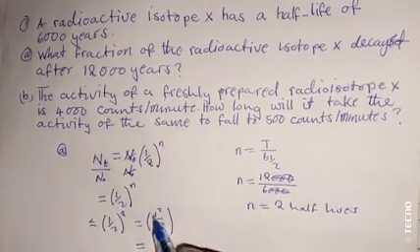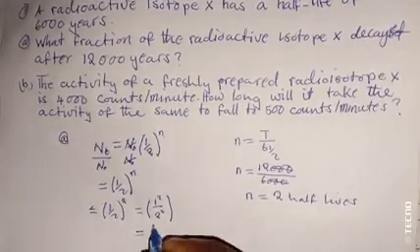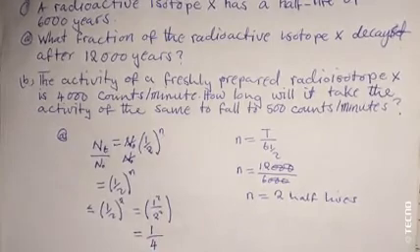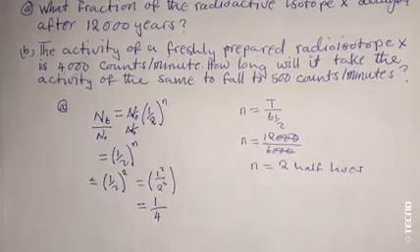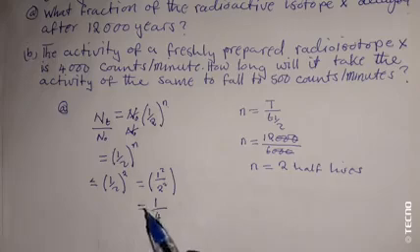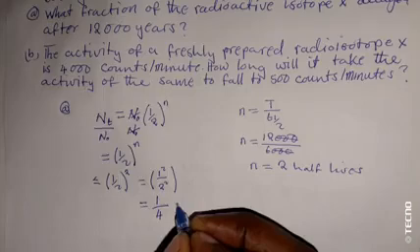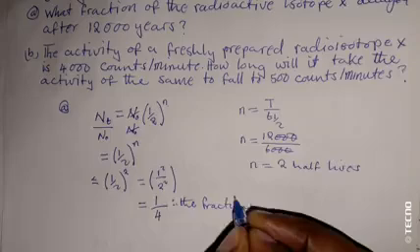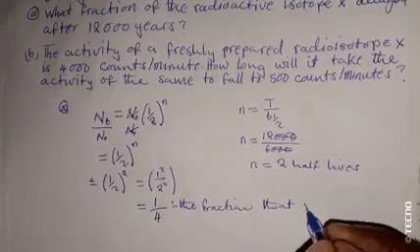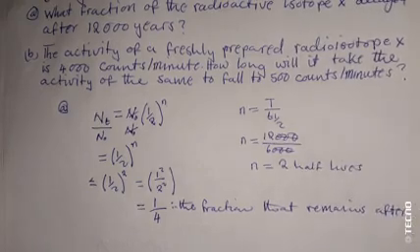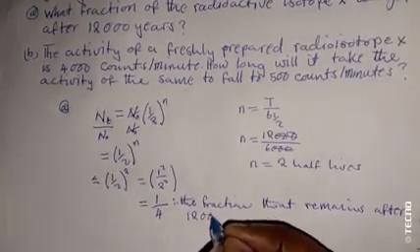Then what are we going to have? 1 squared is just 1, over 2 squared, which is just 4. So this is the fraction that remains after 12,000 years. Here 1/4 is the fraction that remains after 12,000 years.